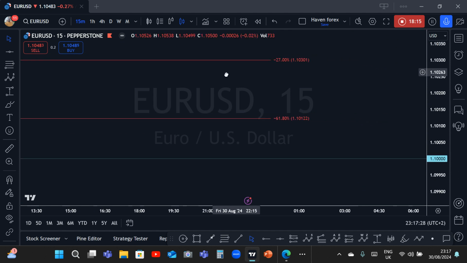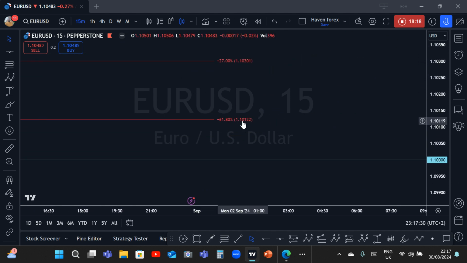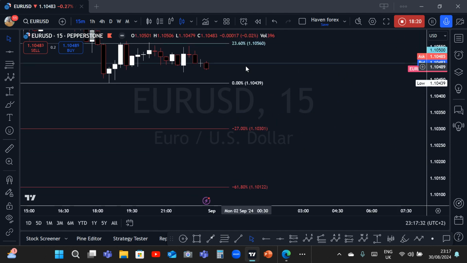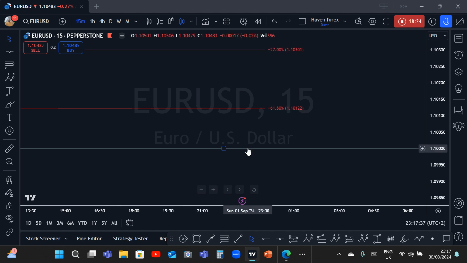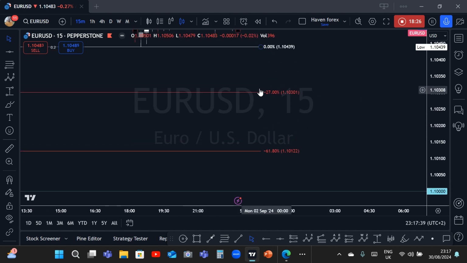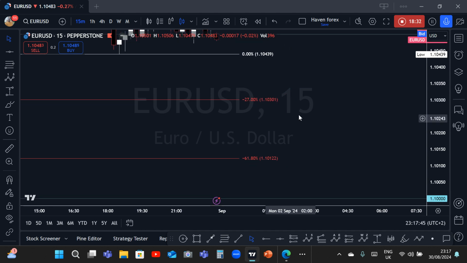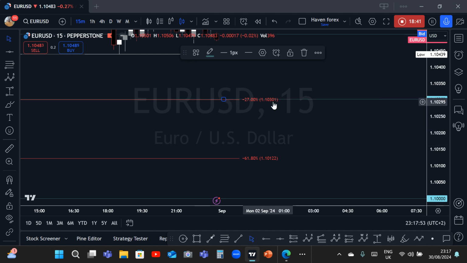But meanwhile, if you scale down, you discover that as soon as this guy breaks this place, the next psychological level is this. But once it gets to this negative 27, it will react a little because here too, it's a psychological level. You see it? This is another confirmation that you should not joke with, guys.